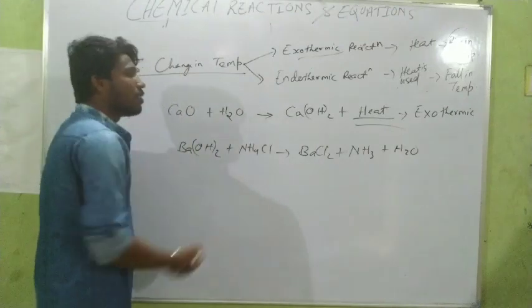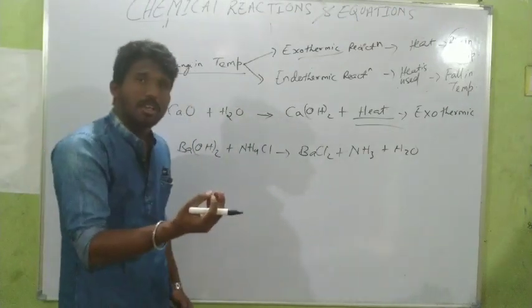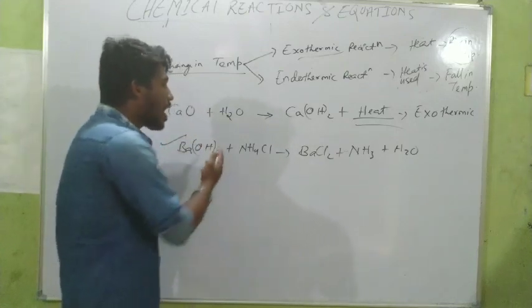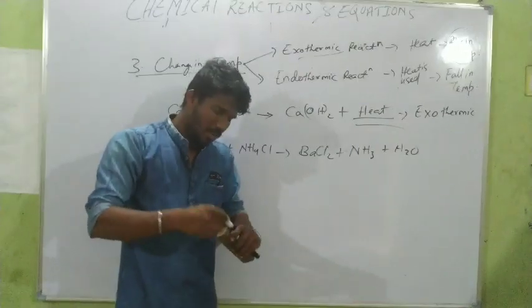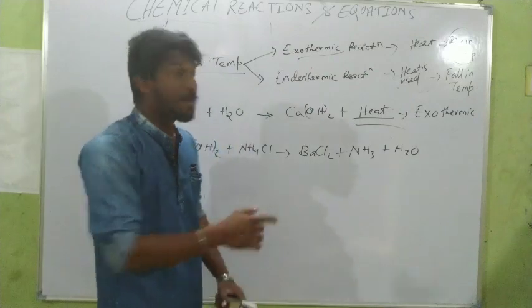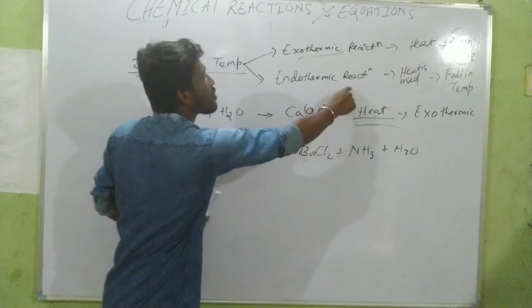Before mixing up the reactants properly, if you touch the bottom of the test tube, you will have the normal temperature. After the reaction has been done, if you touch the bottom of the test tube, you will feel it is quite cool. Means the temperature has fallen down here. So this is an example of endothermic reaction.